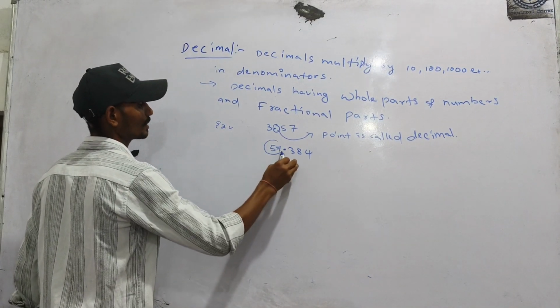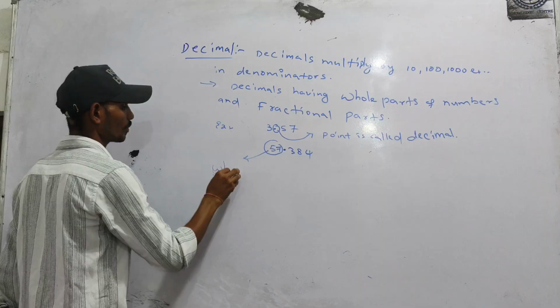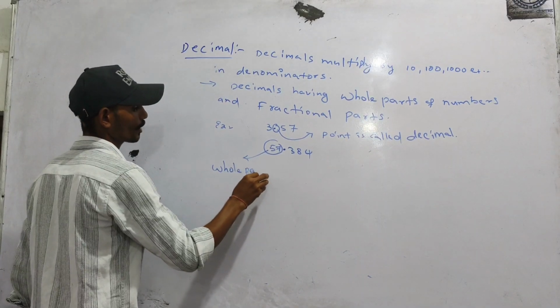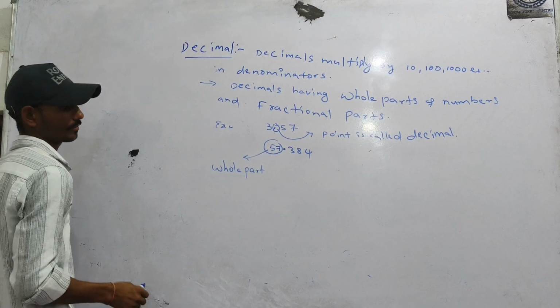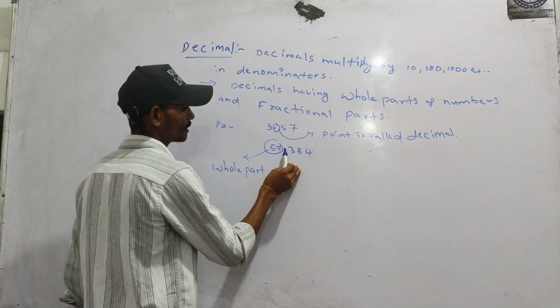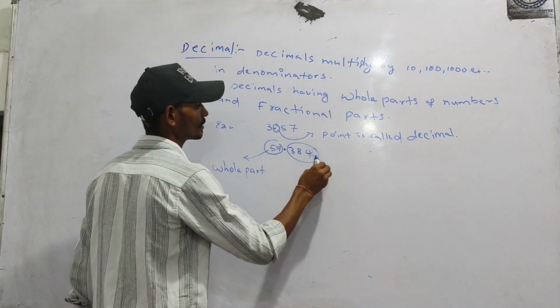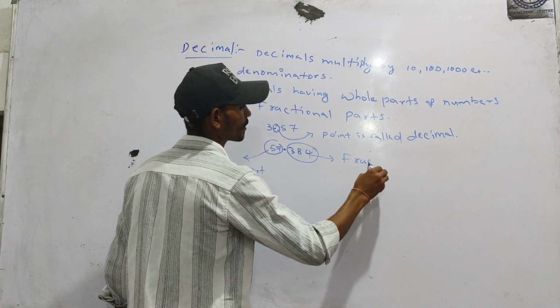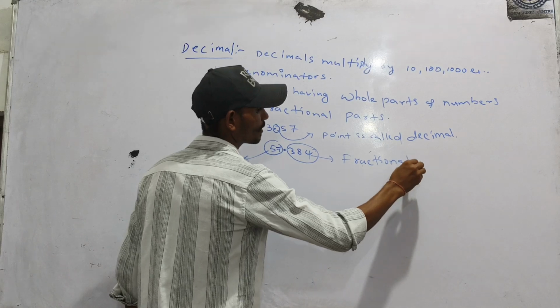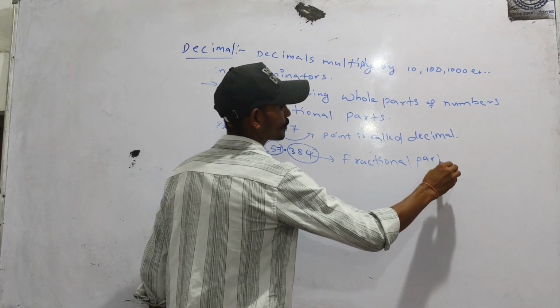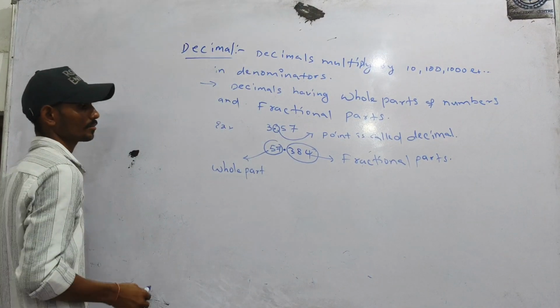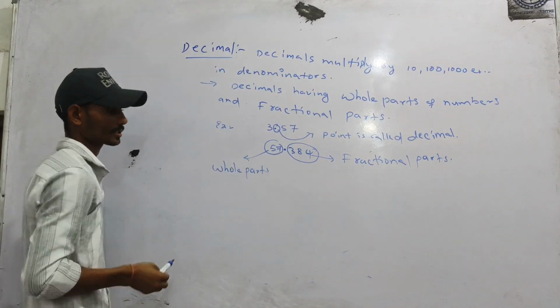The number after this point is the fractional part. How can you say that, sir? This is the fractional part and this is the whole part.